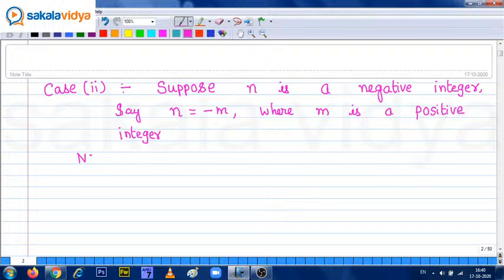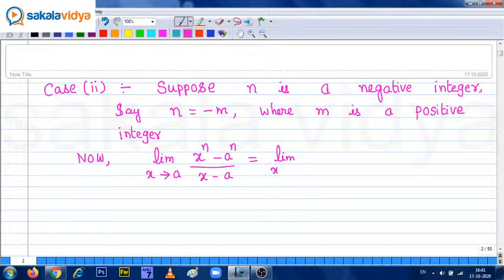Now this limit, x tends to a, x to the power of n minus a to the power of n upon x minus a. Now in the place of n, let us write minus m.